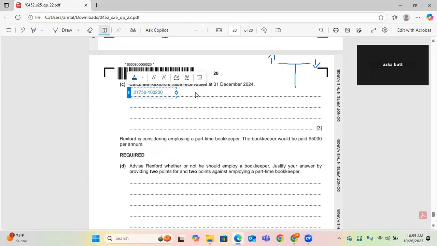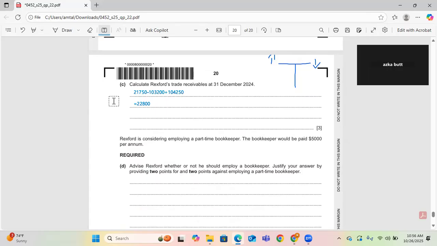That's why we will be adding it, and that is 104,250. After that, when you get the answer, that will be the closing balance of the trade receivable. So this is 22,800. Yeah, done.